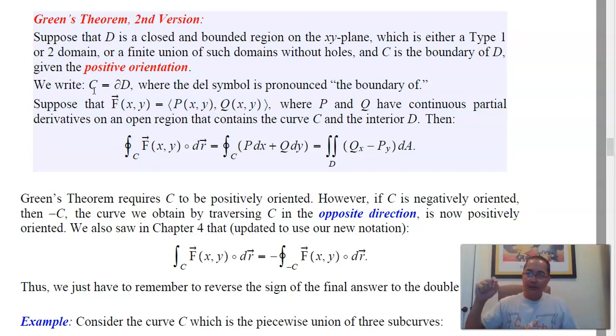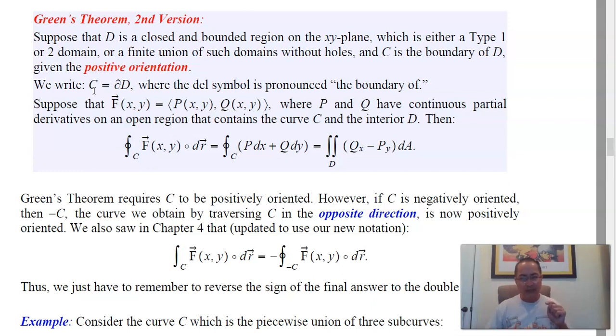The derivative has to exist everywhere, so if it's differentiable, it has to be continuous. If you have a hole, then your boundary is in 2 pieces. One way to think about that is take a circle and remove a circle.